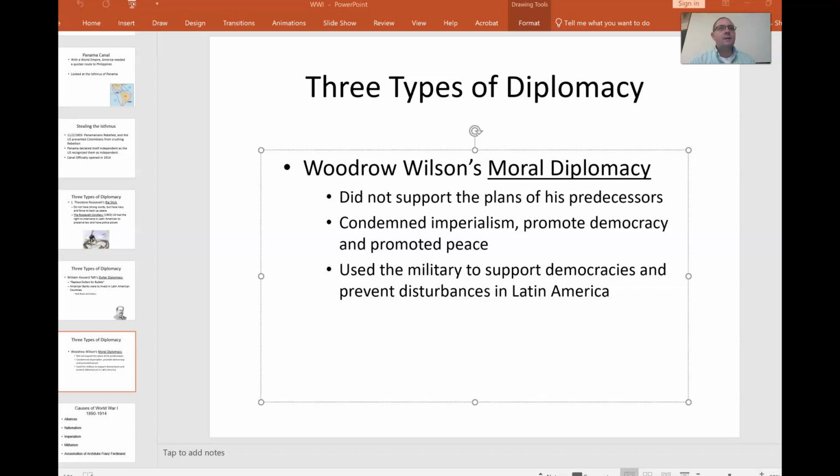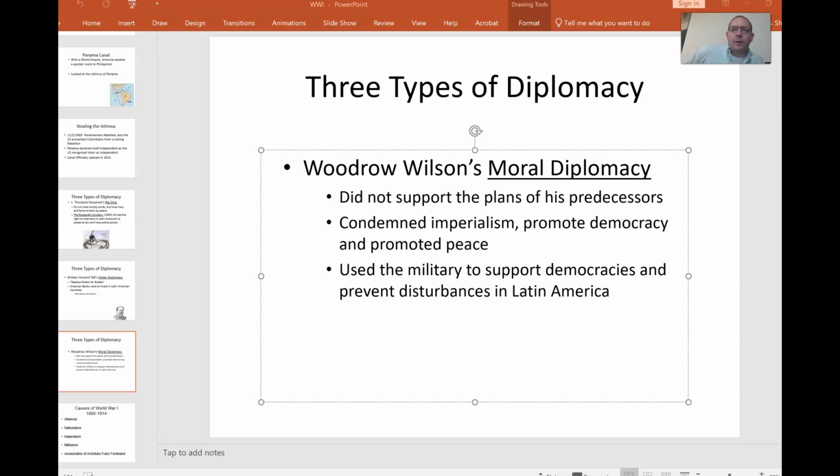Now, Woodrow Wilson was a political scientist himself, but he was also a governor of New Jersey, and he had a lot of skills in thinking about politics. And when he becomes the president, his major focus is on what is called moral diplomacy.